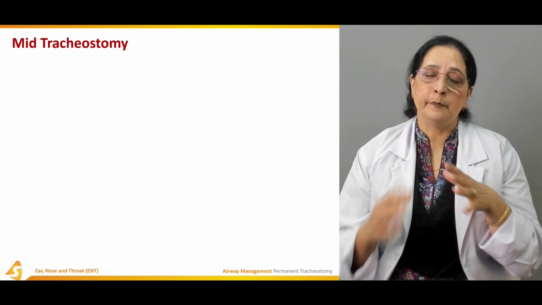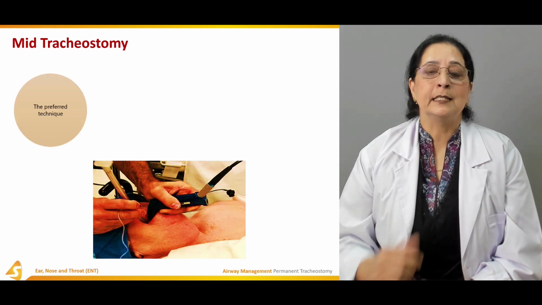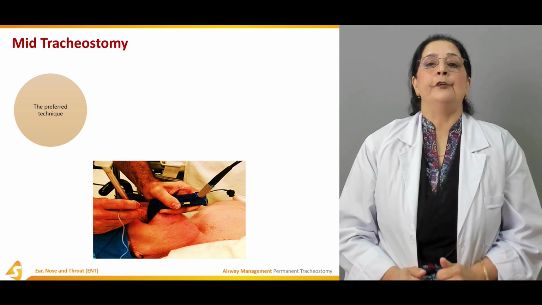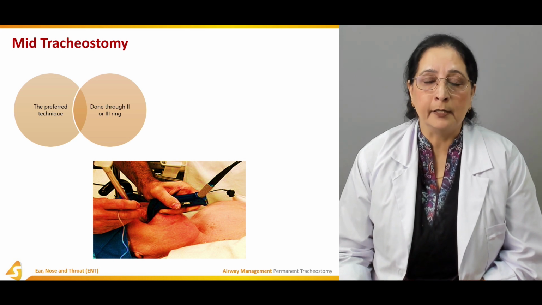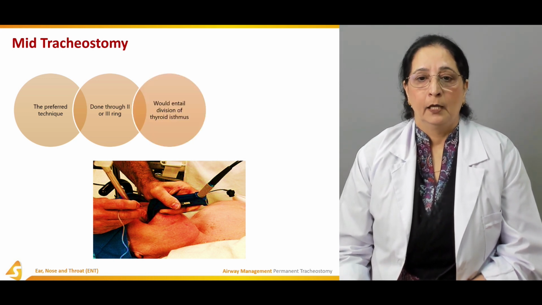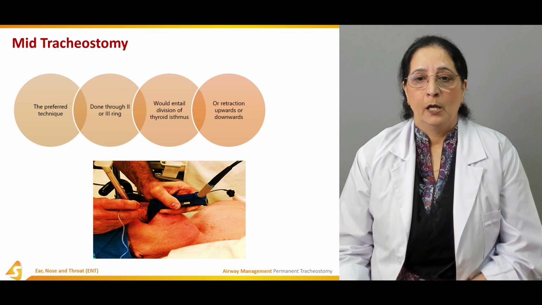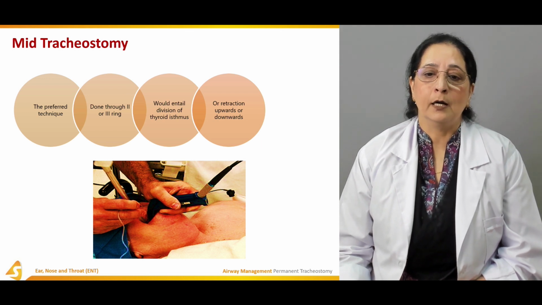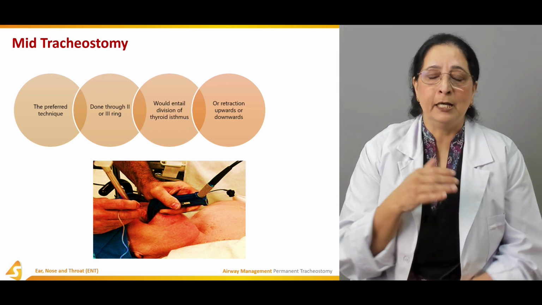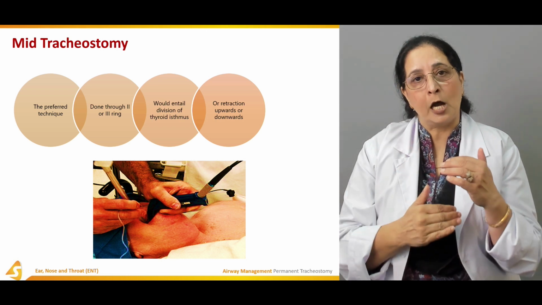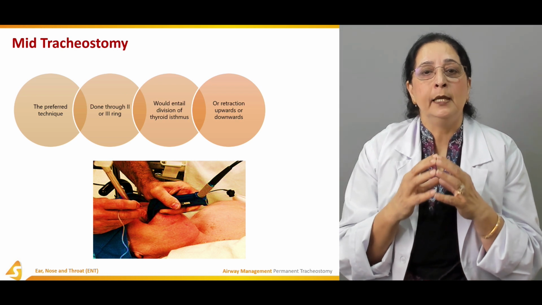Next, mid-tracheostomy, the most commonly performed procedure. Mid-tracheostomy is the preferred technique or preferred site, done through the second or third tracheal ring, and would entail division of the thyroid isthmus or retraction upward or downward. So the thyroid isthmus may be divided or just retracted up or down to give space, and the second or third tracheal ring is used at the mid level.